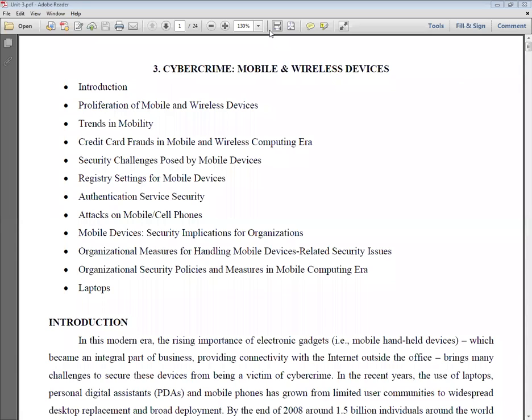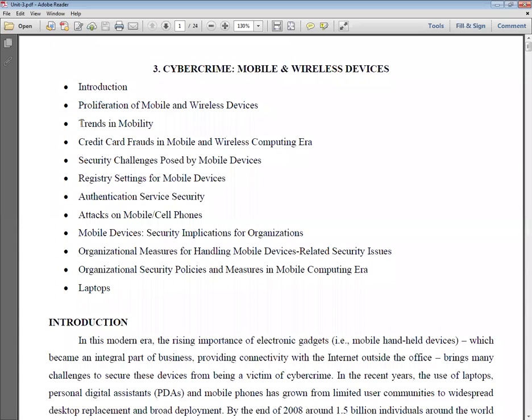There is a quotation that even if a home does not have washrooms, that family has two or more mobiles. So that is a rapid, sudden increase of mobile and wireless devices.